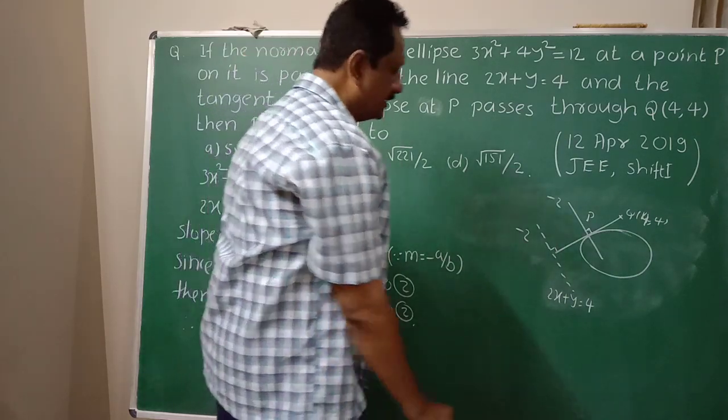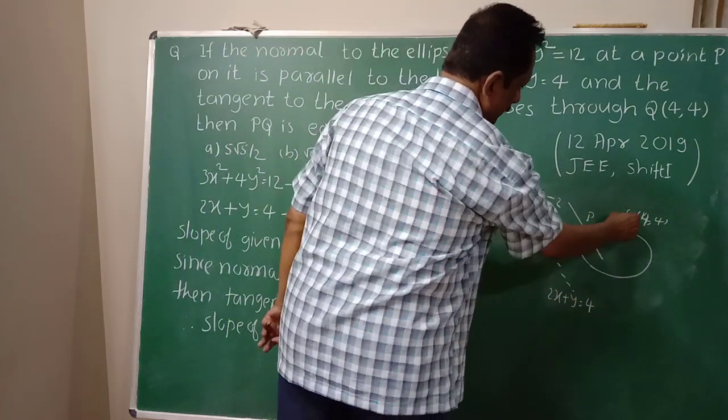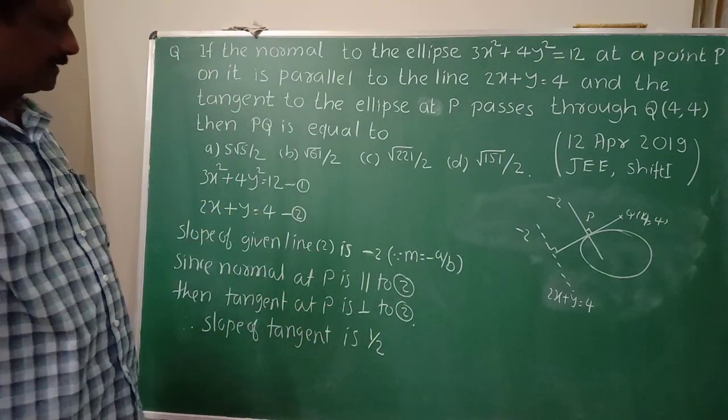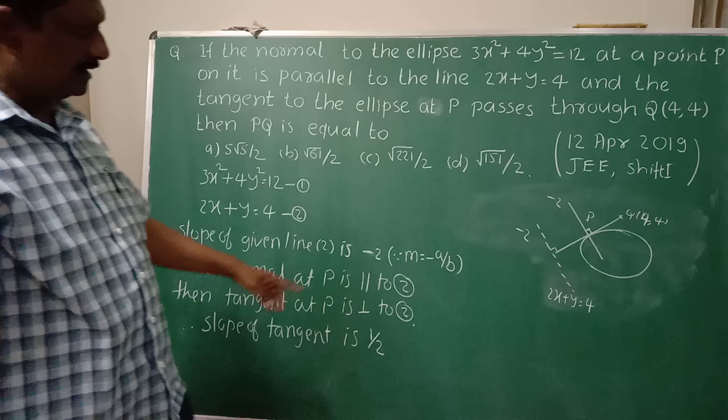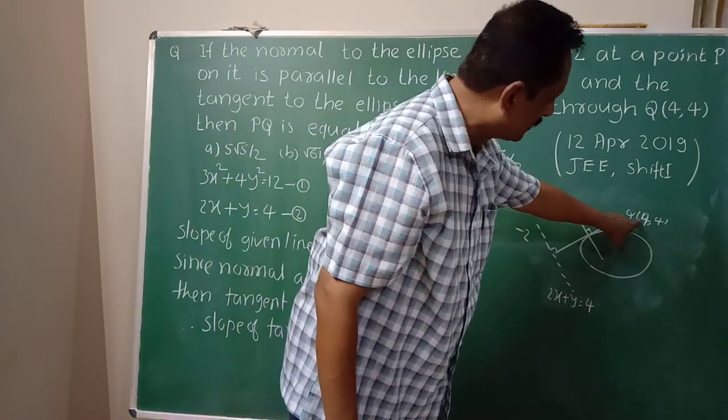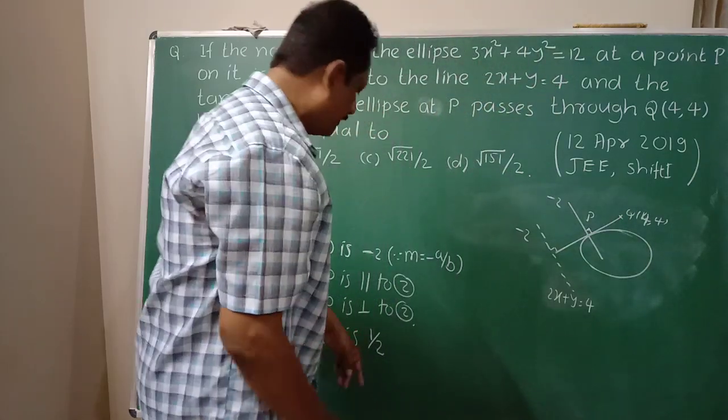Then the slope of the tangent is 1 divided by 2, plus 1 upon 2, because they are perpendicular to each other. Okay, therefore the tangent is passing through the point (4, 4) and having a slope 1 upon 2 here.